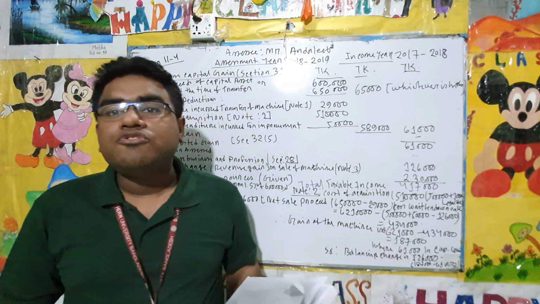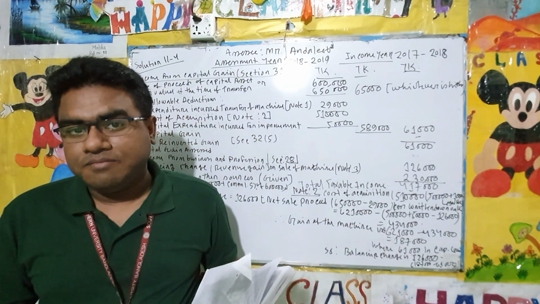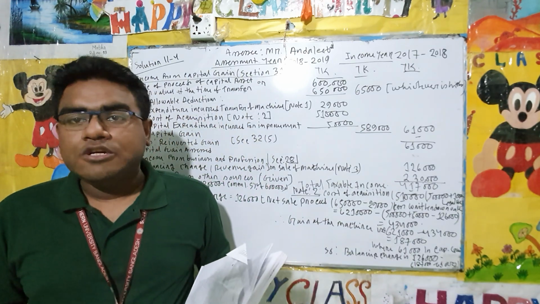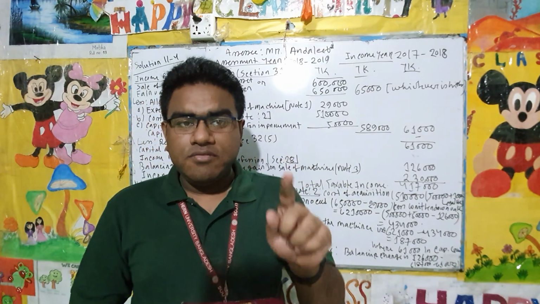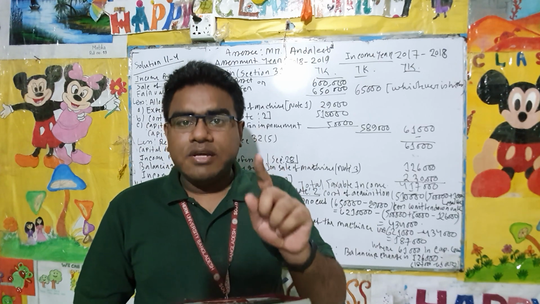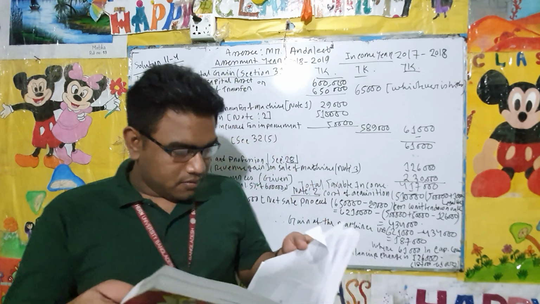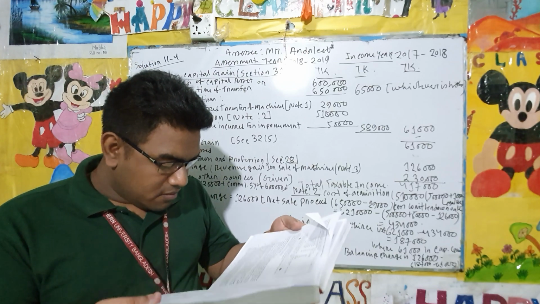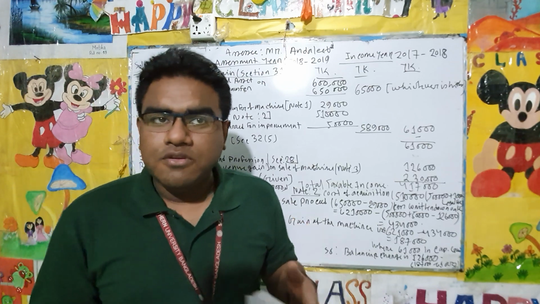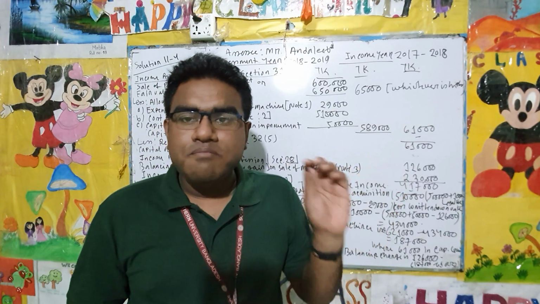This is most important for your final exam. I hope you will go through these two questions: the definition of capital gain, what the capital gains are, and also tax exempt capital gains, 12th edition, page number 304. Read it thoroughly, memorize it.